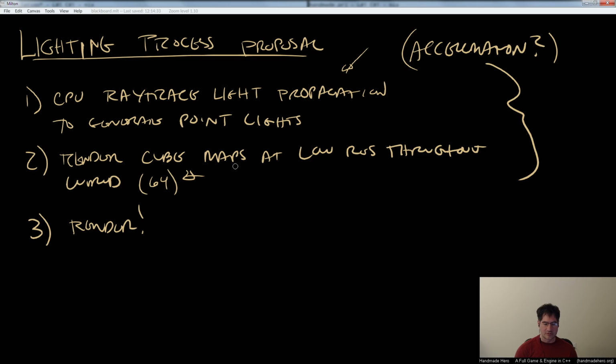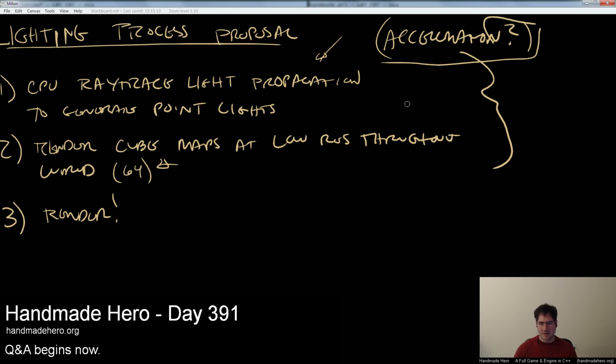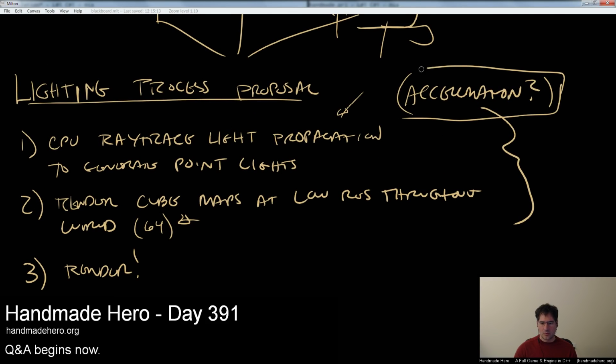We could just use a texture array and be done with it. So I don't know, that seems like what I would probably say is the best approach to getting some reasonable lighting without too much.